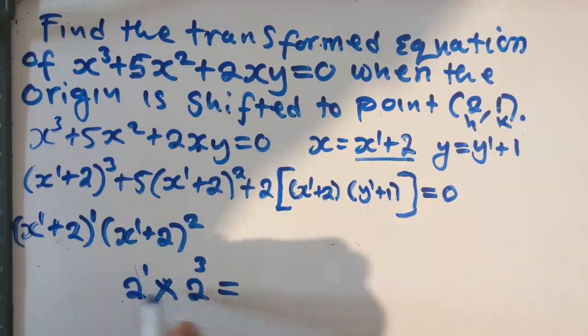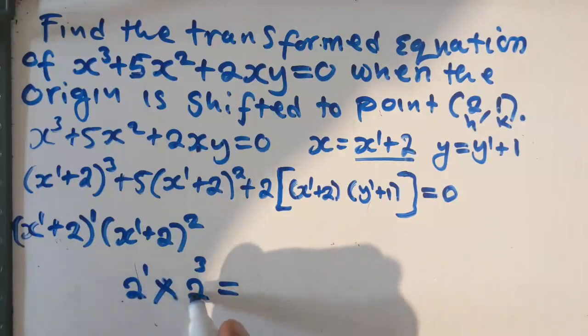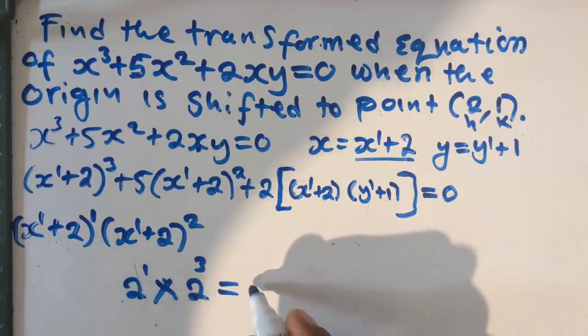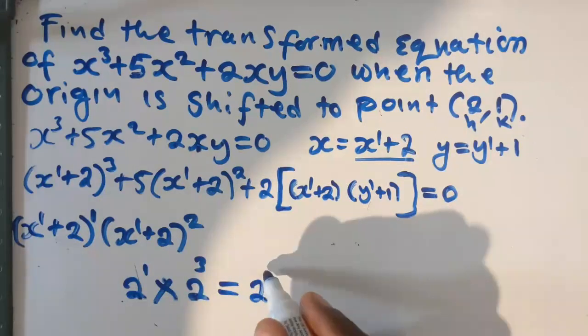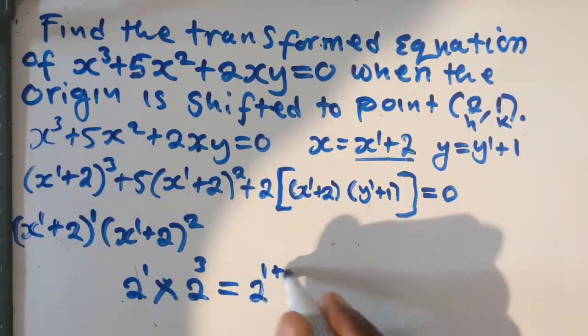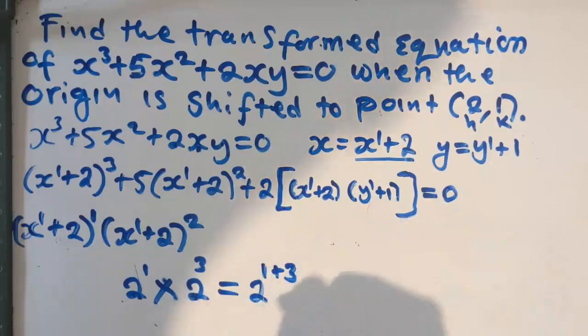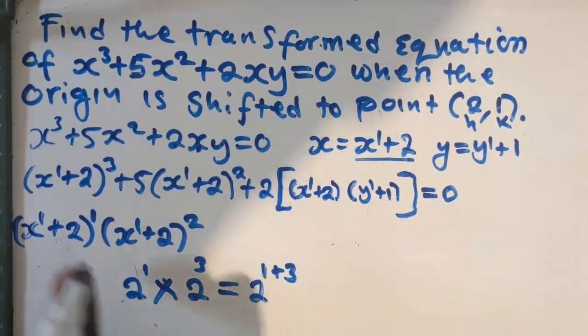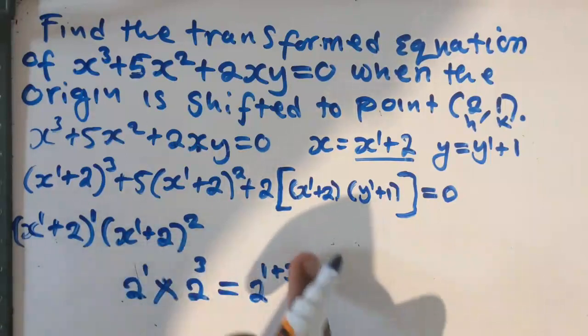These are the powers, these are the bases. What you need is to get one base, then you say it is 2 to the power 1 plus 3. That is what you do, so that is what it means here.